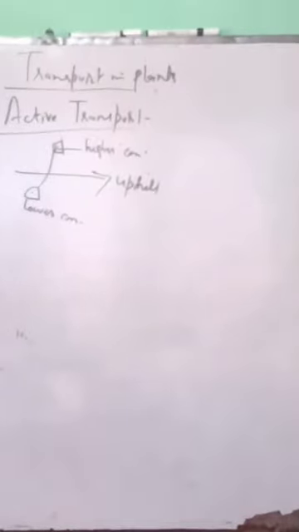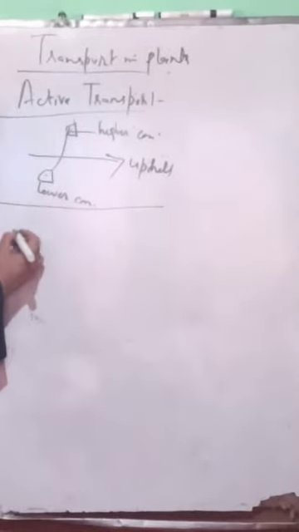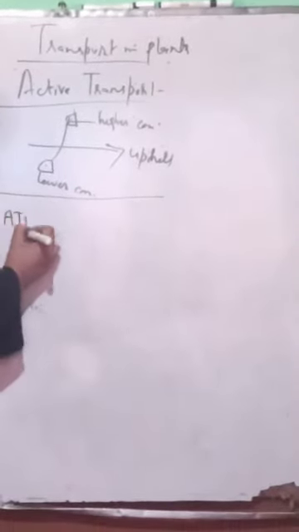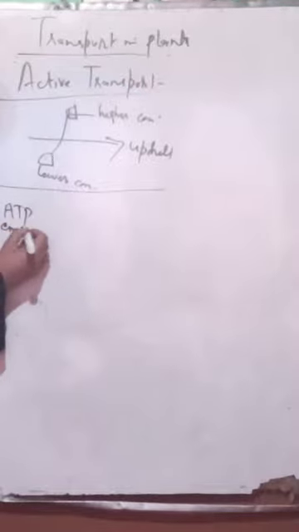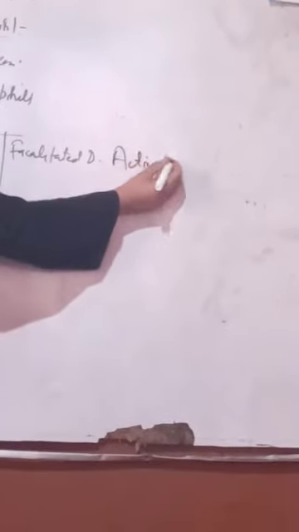We will make a table. For example, I will write here ATP energy, and here I will write diffusion, facilitated diffusion, and then active transport.